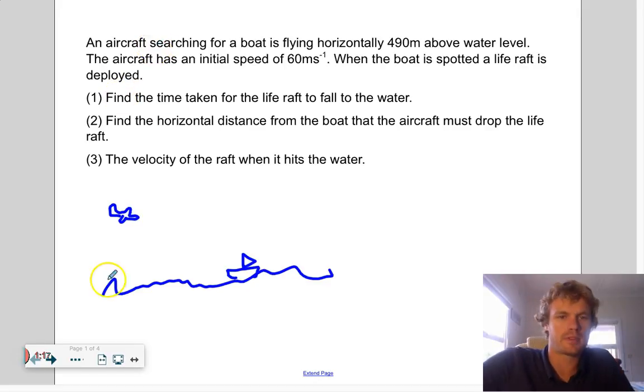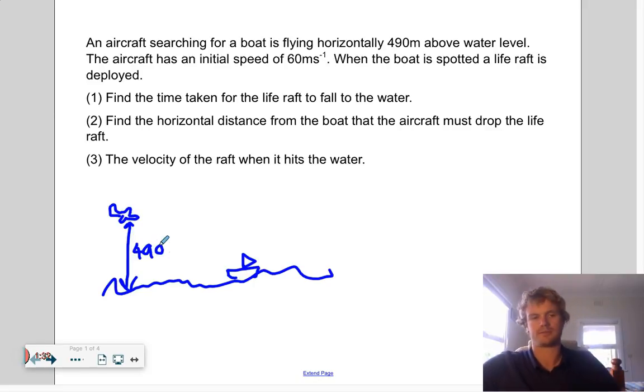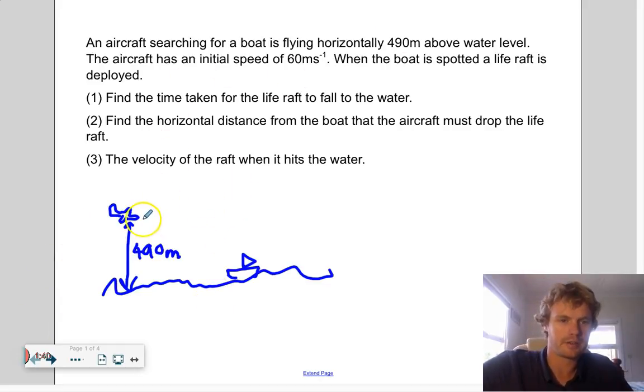So the aircraft at the moment is 490 meters above the water level. And it's flying with an initial speed in the horizontal direction at 60 meters per second.